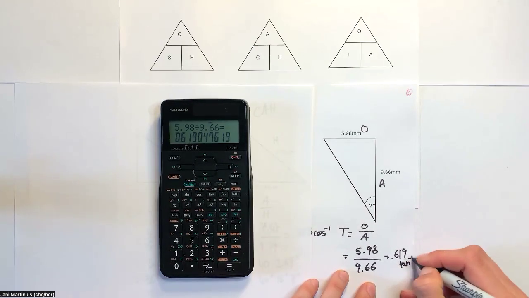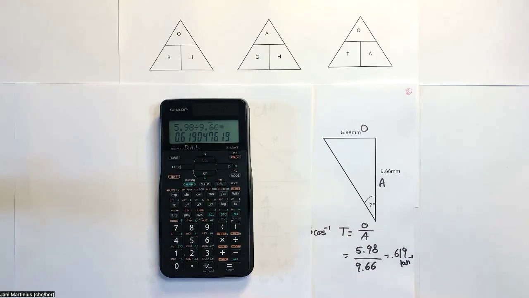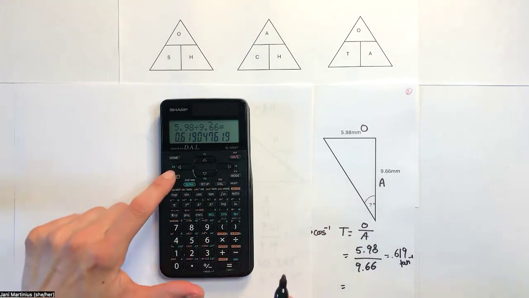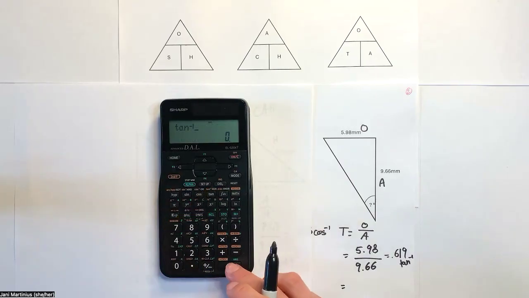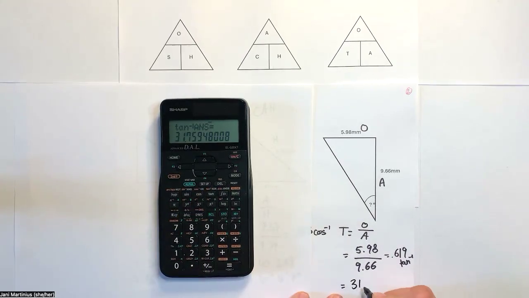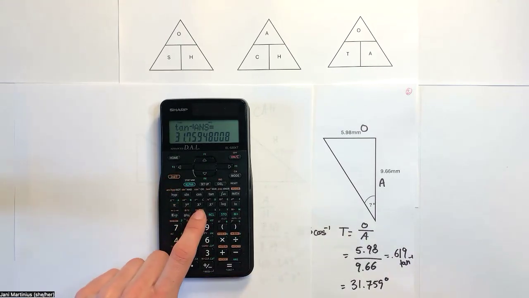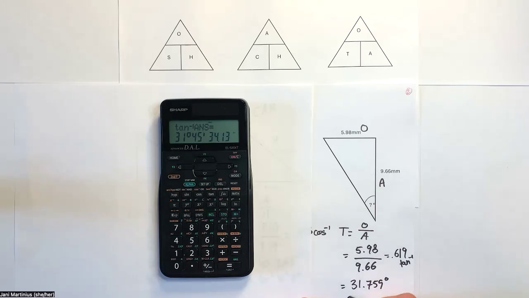And squeezing in there, inverted tan function, which is second function tan. Says 31.759 degrees. And if we hit the second function and degree or DMS button, it gets us the 31 degrees, 45 minutes, and 34 seconds.